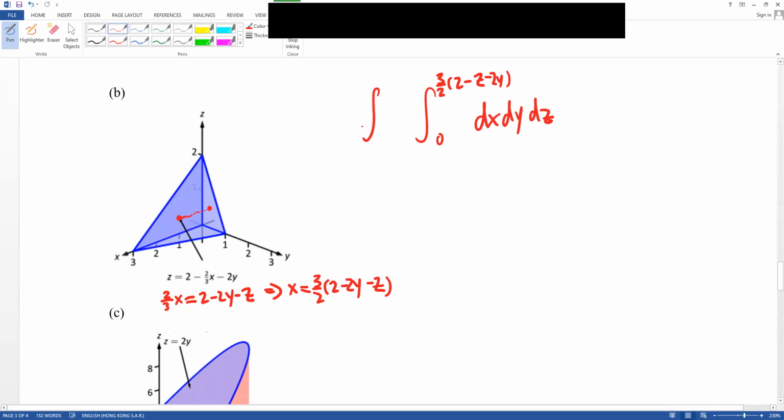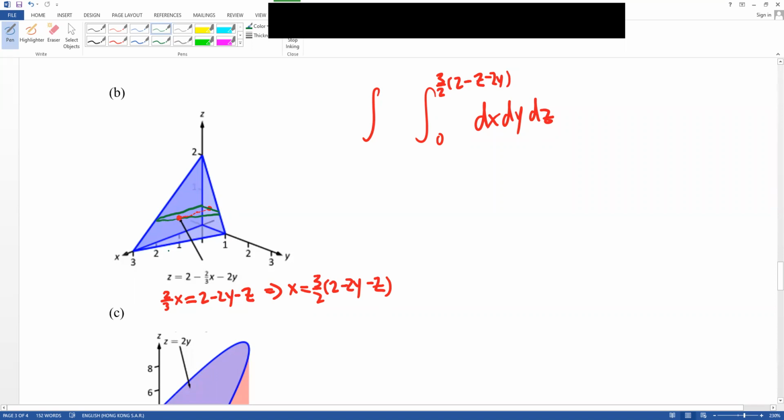So then the second step, we are going to integrate along the y direction. That means we are considering a plane like this. The red line that we just did is one of the lines on this green plane, and this green plane is a triangle.